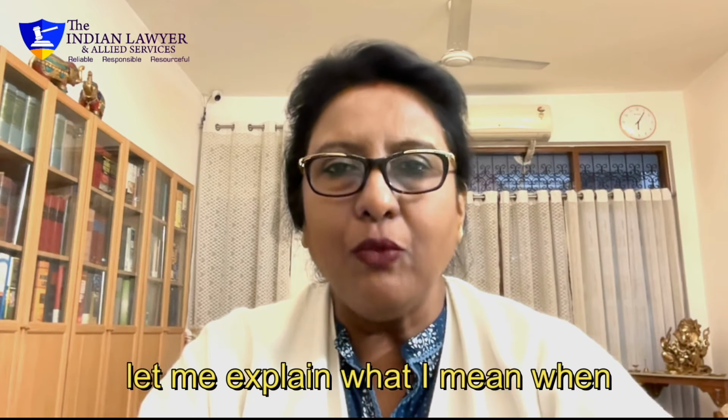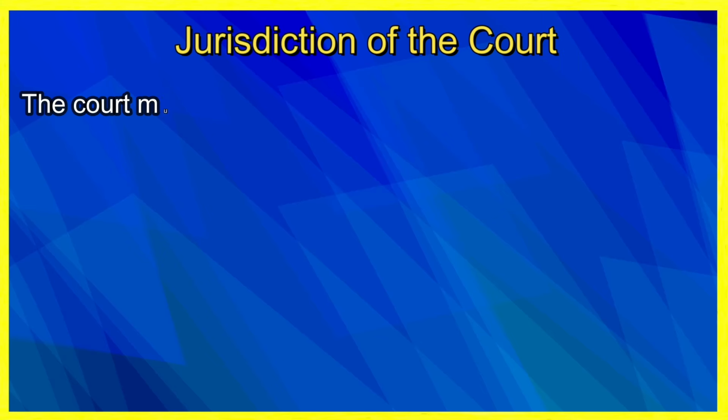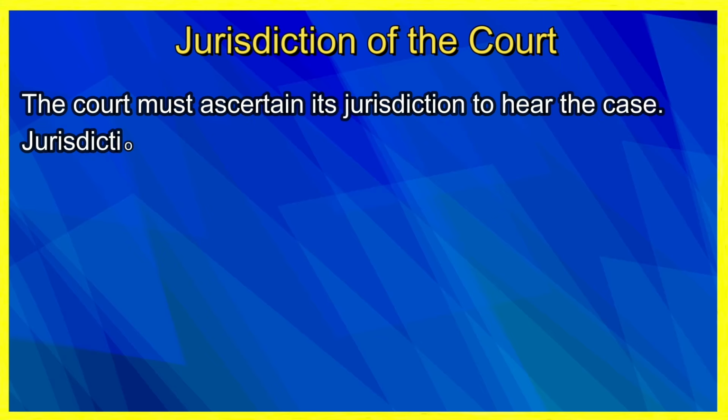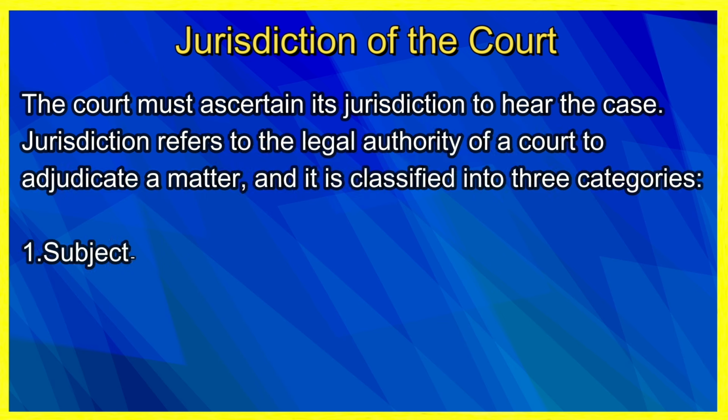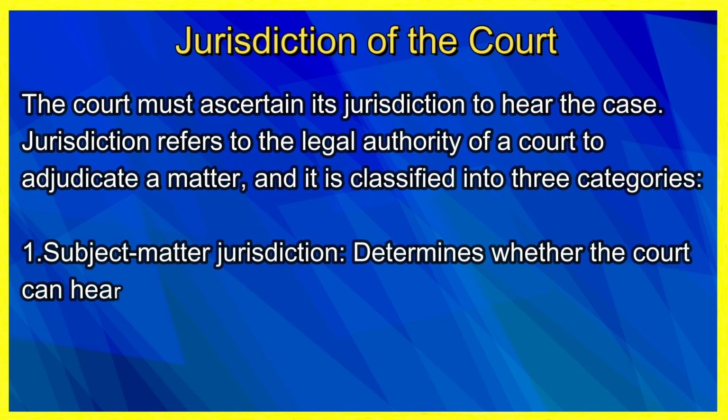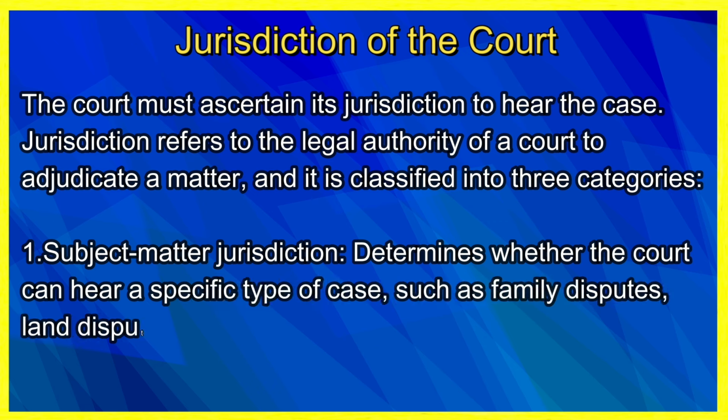Now let me explain what I mean when I say jurisdiction. Jurisdiction is three types in nature. The first is subject matter jurisdiction, which means that the court has the power to decide on that particular subject. For instance, if it's pertaining to a property, then it should be that the court which you have approached has the power to look into property disputes.